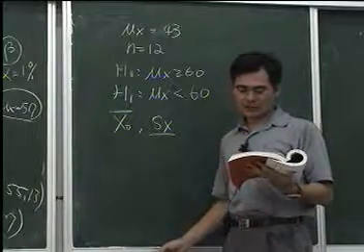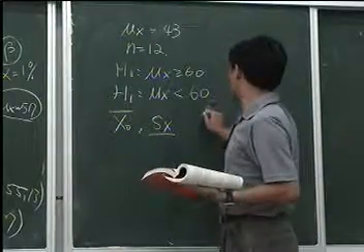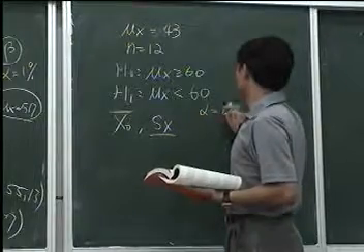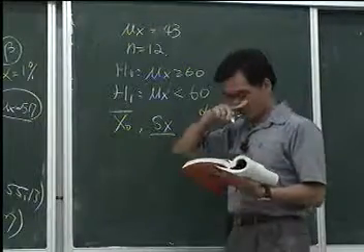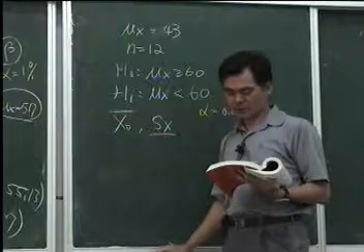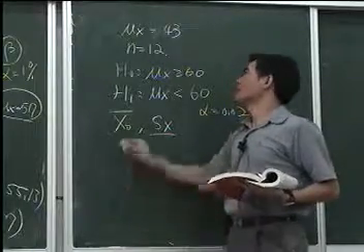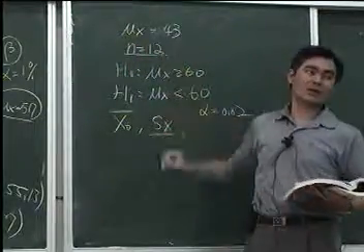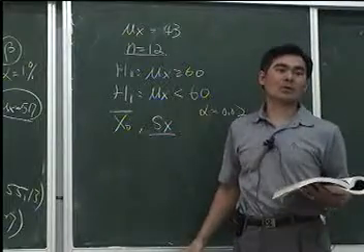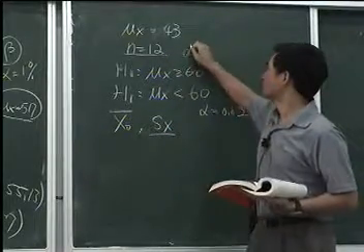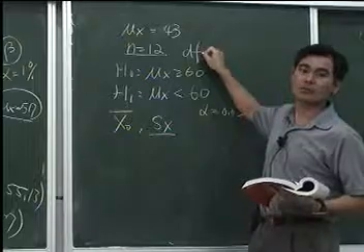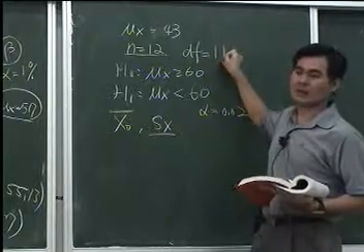And the alpha, the significance level, is equal to 0.02. So you should be able to figure that out. And because there are only 12 samples, what is the degrees of freedom? The degrees of freedom is equal to 11, right?